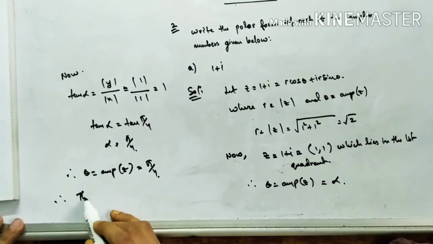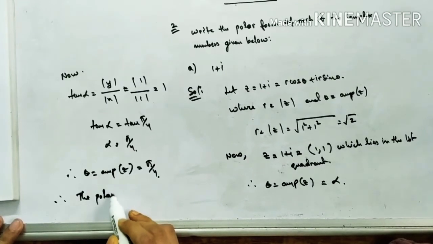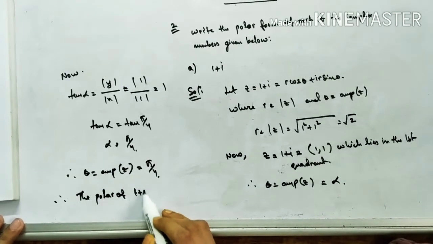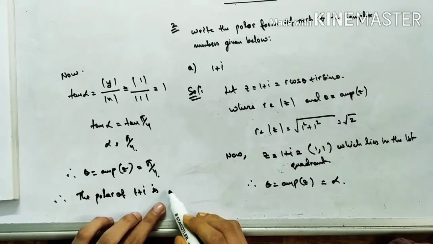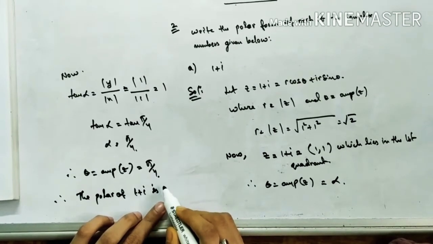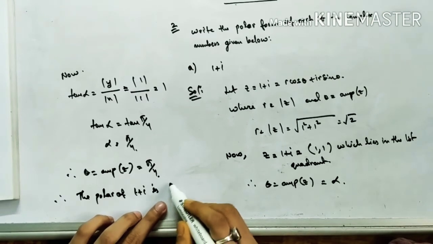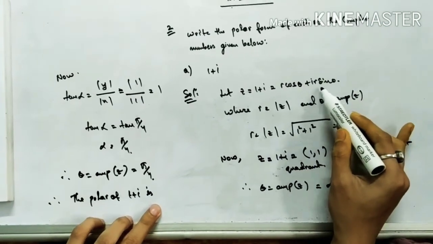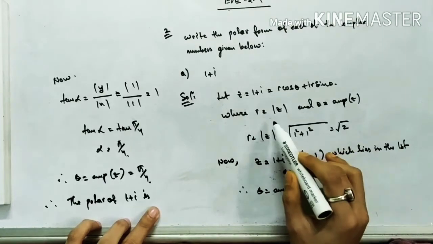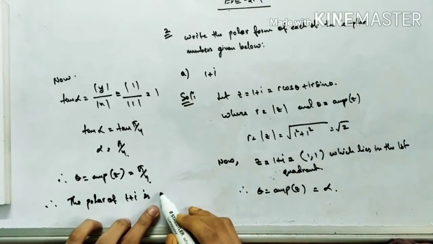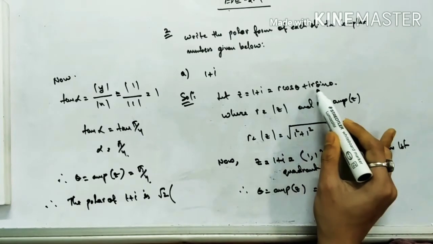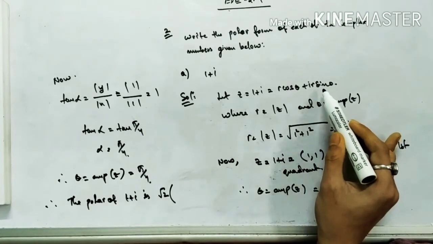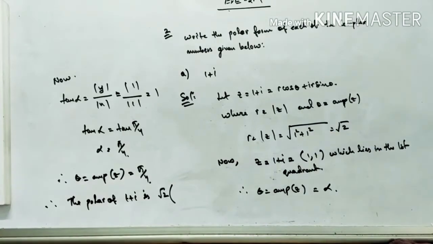So therefore the polar form of 1 plus i is r cos theta plus i r sin theta. The r value we got is root 2.